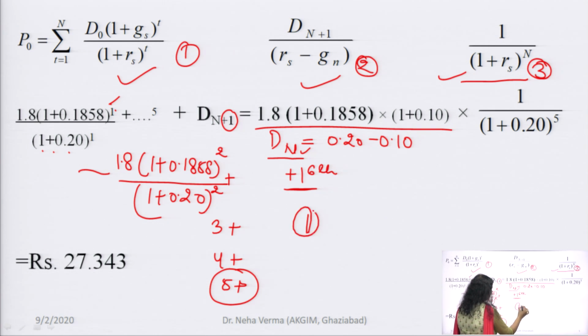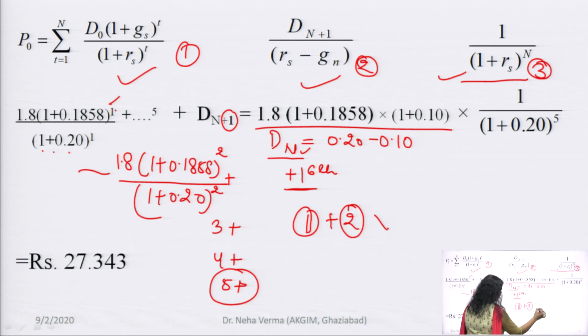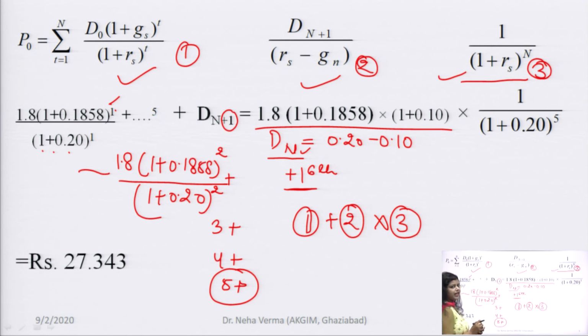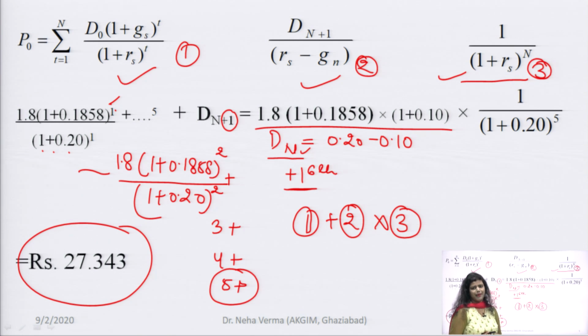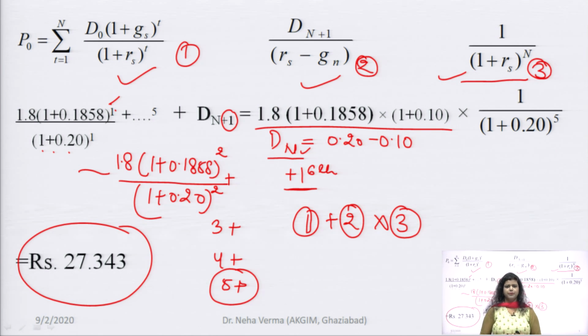It will be 1 plus 2 multiplied by 3, and this calculation gives the value of equity shares using the two-stage growth model, which comes to 27 rupees 343 paise. This is the price we have calculated for the equity shares on the basis of the two-stage growth model.